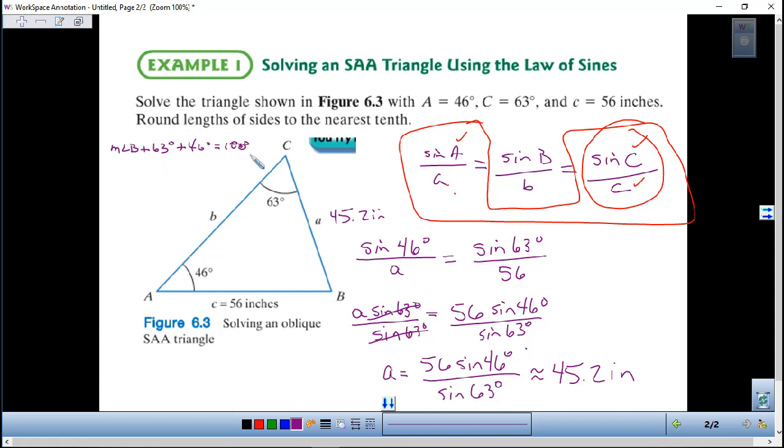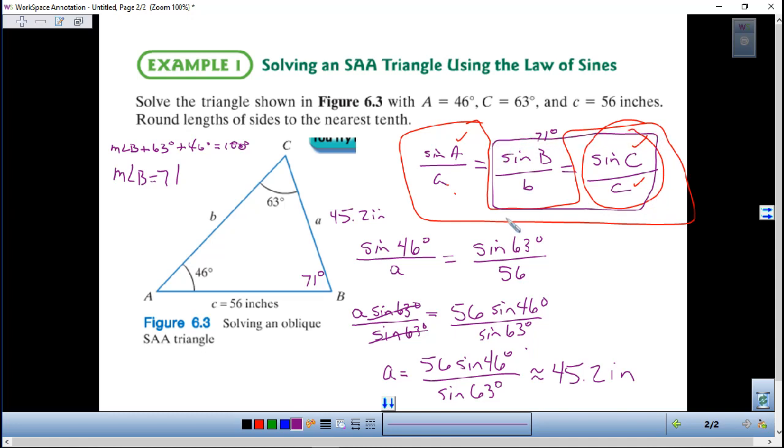So when I break that down, I can solve for B. And I'm going to get that the measure of angle B equals 71. Now, all you're going to do here is put the 71 in, and use these two right here.